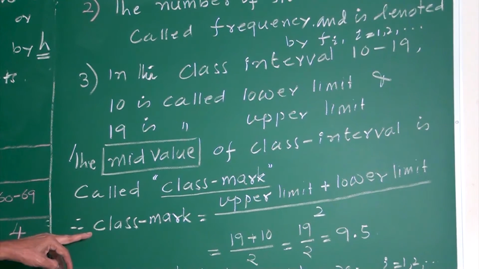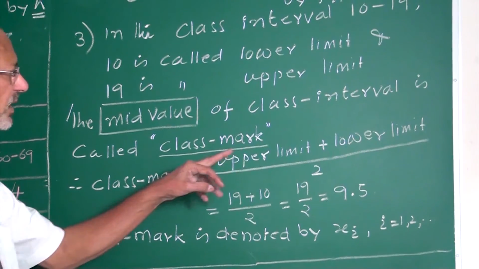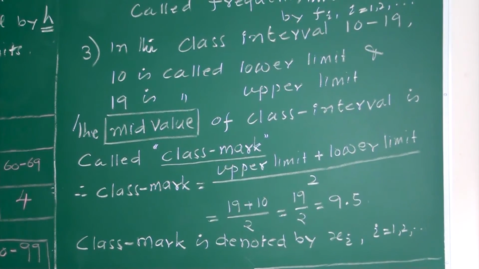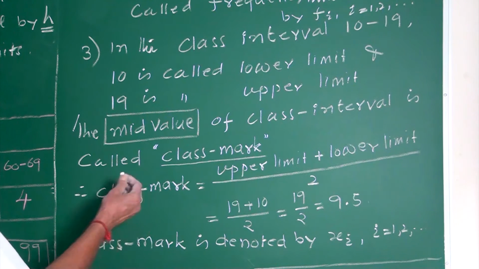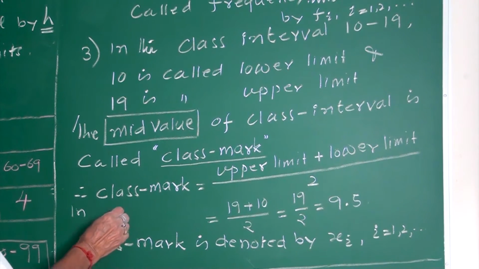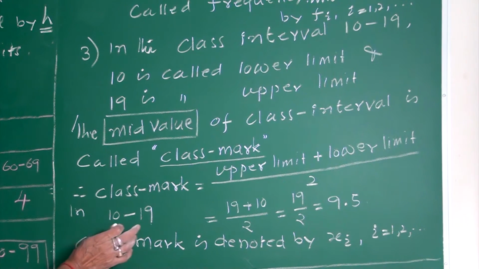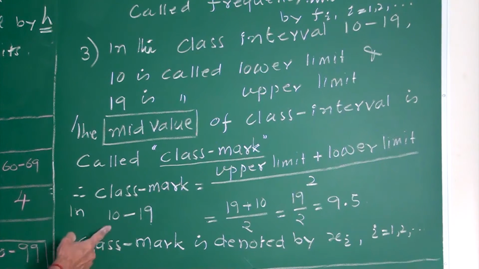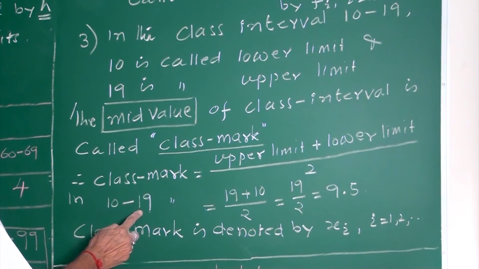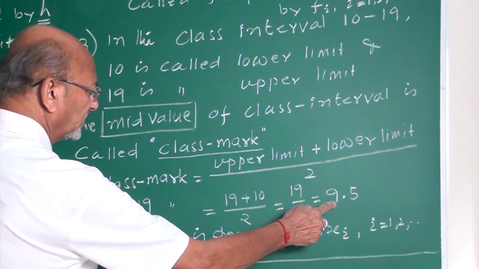Then what is that mid value? Therefore, the class mark, that is the mid value, is the upper limit plus lower limit divided by 2. For the class interval 10 to 19, its mid value or class mark is 19 plus 10 divided by 2, which is 19 divided by 2, which is 9.5.